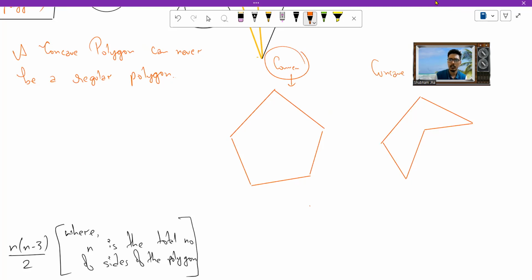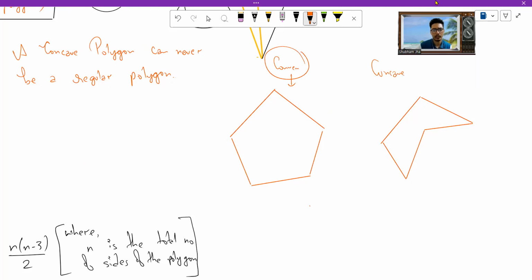Okay. Now let's see the number of diagonals. In this, how many diagonals can we have? First is this 1, 2, 3, 4, and 5.